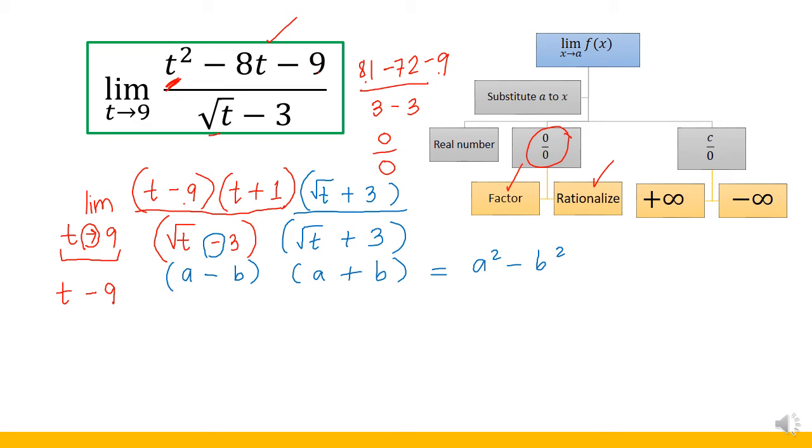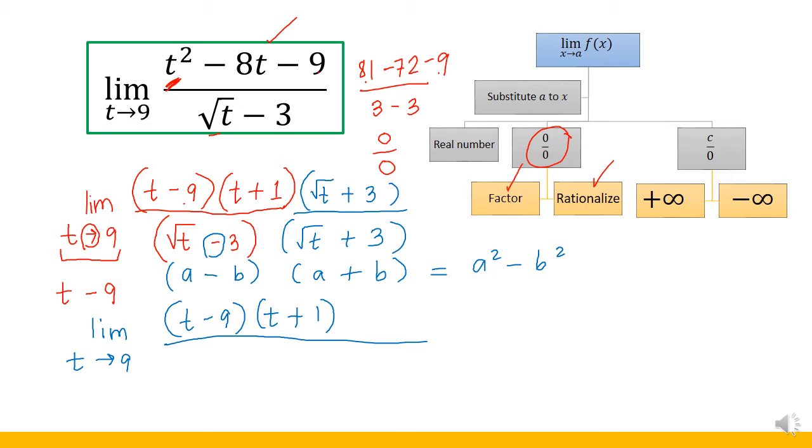So what we have is limit as t approaches 9. Then what we have is t minus 9. Notice that we're leaving it in factored form because our objective is to cancel the t minus 9, the one that makes it 0 over 0 for us. And then, the denominator, that is what we multiply using special product.